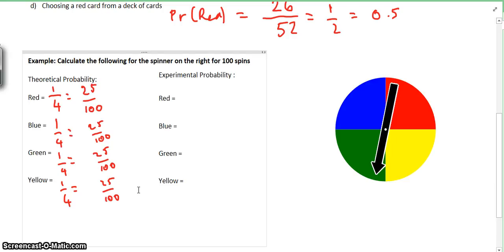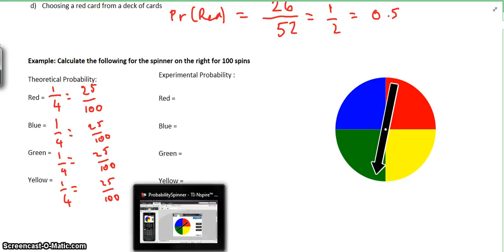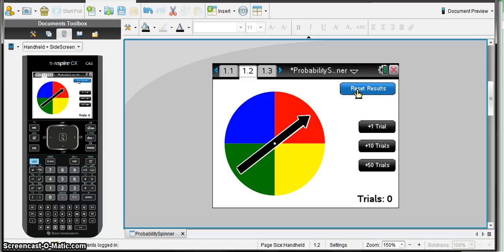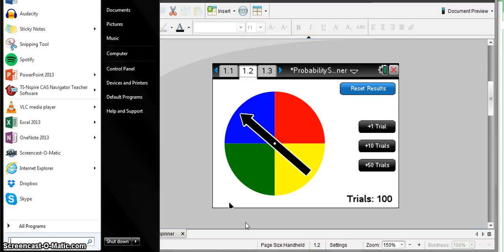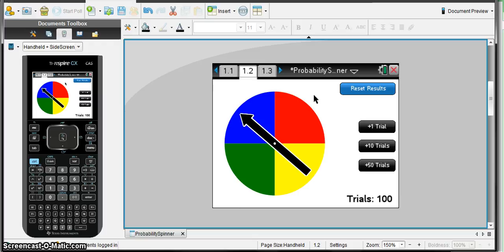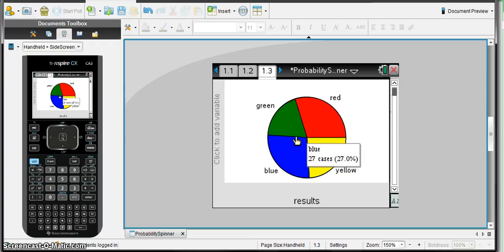What we're going to do is have a look at the actual simulation. So I've got a spinner here. The spin is pretty much exactly the same thing. I am going to spin this 100 times, so we're going to do 50 plus another 50. And let's have a look at the results after we've done this. The results show as such.